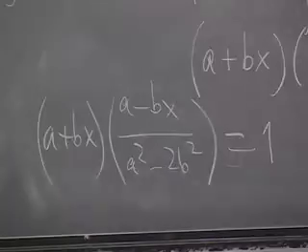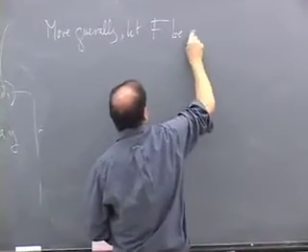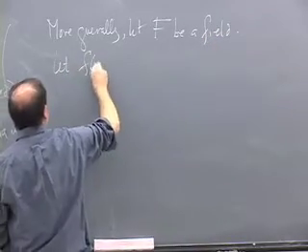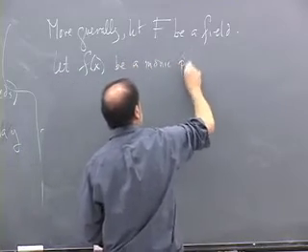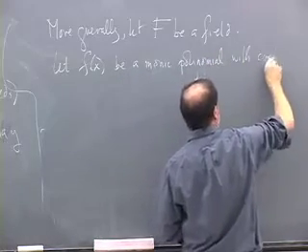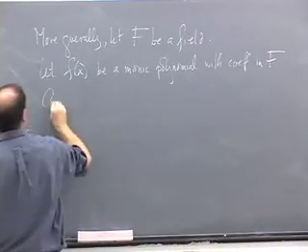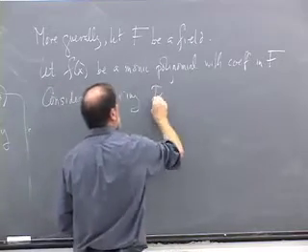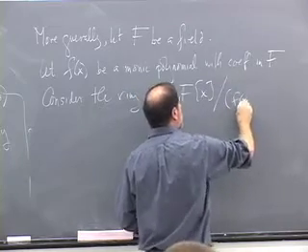And that, let F be a field. Let f of x be a monic polynomial with coefficients in F. Consider the ring R, which is F[x] modulo the ideal generated by f of x.